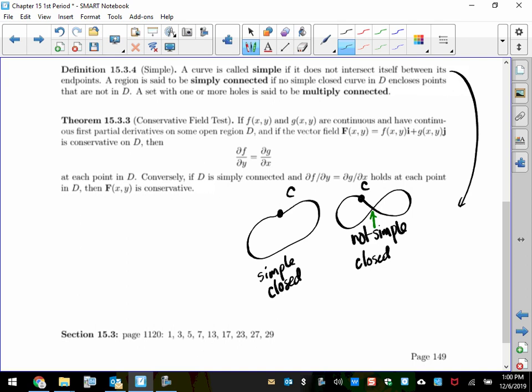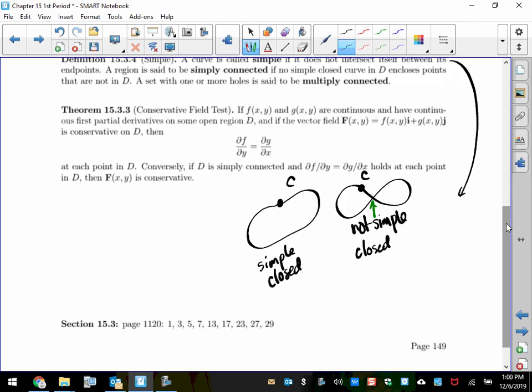Now, when we're talking about regions, we're talking about simply connected regions and then multiply connected regions. Let's highlight it to show that it's a region. We'll call it D. You could call it R or D. This one is a simply connected region.